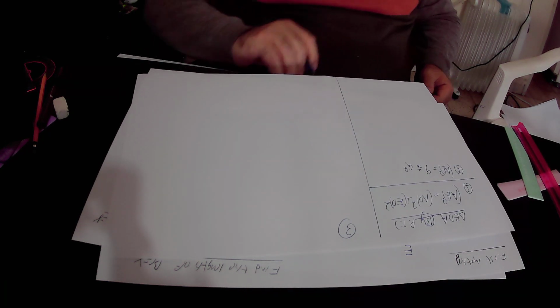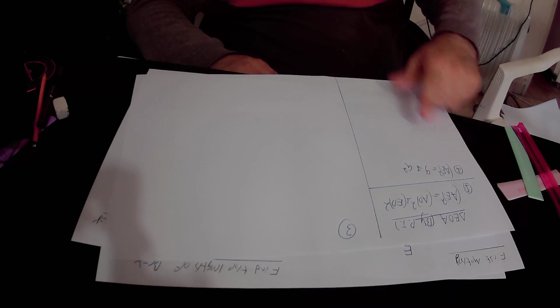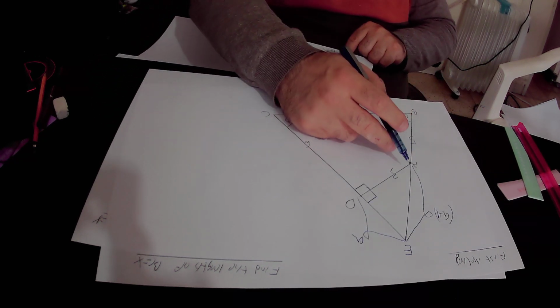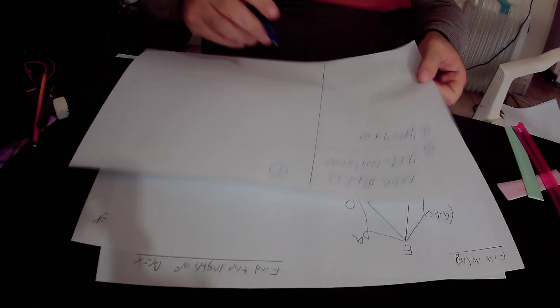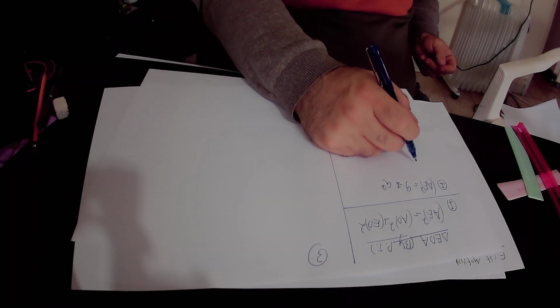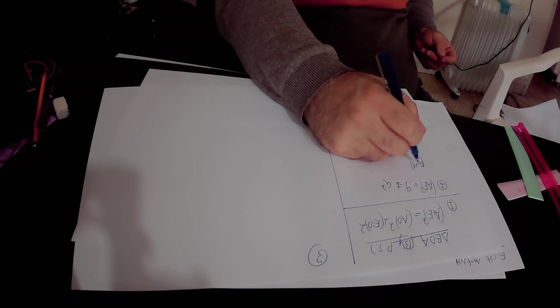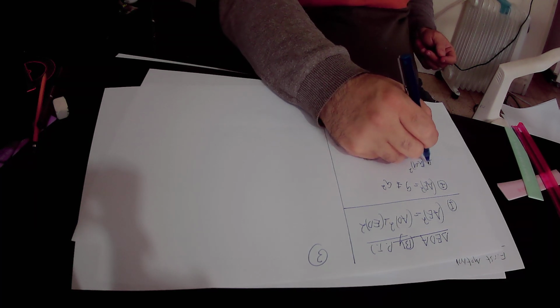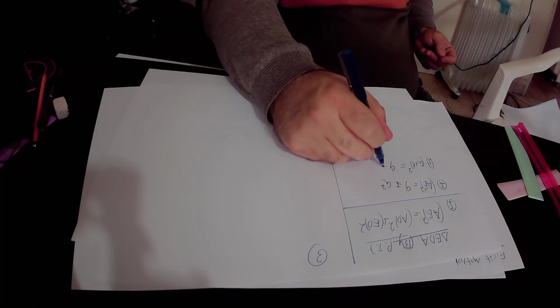So AE squared equals 9 plus a squared, but AE equals a plus 1. So we can substitute AE by a plus 1, so AE squared is a plus 1 squared. And according to equation number 1, it equals 9 plus a squared.